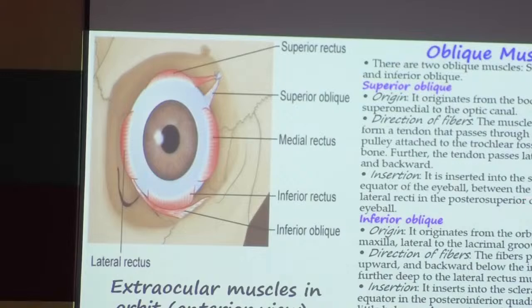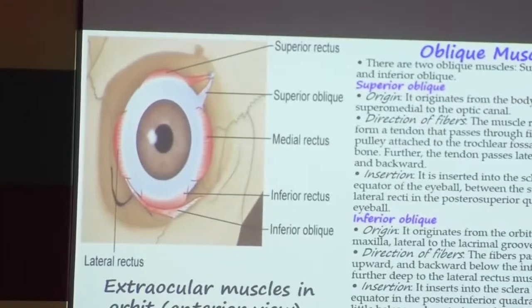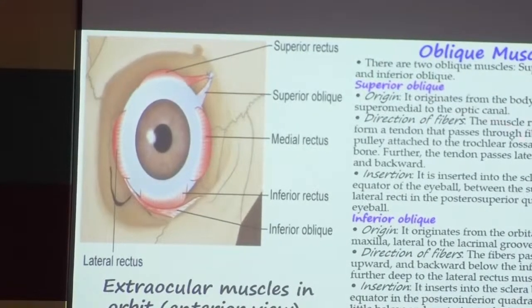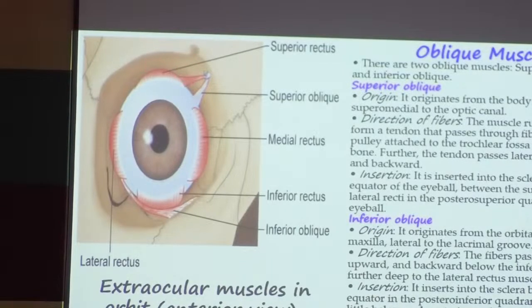Now, oblique muscles. Two oblique muscles are present: superior and inferior oblique. Origin of superior oblique is from body of sphenoid, superomedial to the optic canal. Here, this is superior oblique muscle, coming from posteriorly, and this muscle runs forward to form a tendon that passes through the fibrocartilaginous pulley attached to the trochlear fossa.